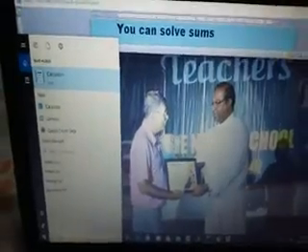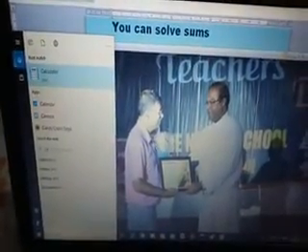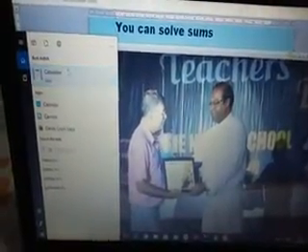For this we need something called a calculator. There I have a calculator. Let us do some calculation. Let us add 778 plus 569.